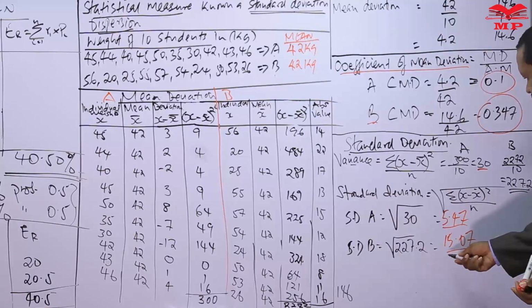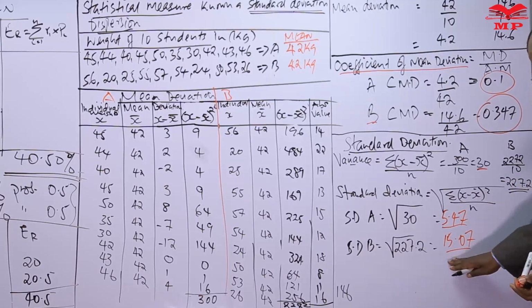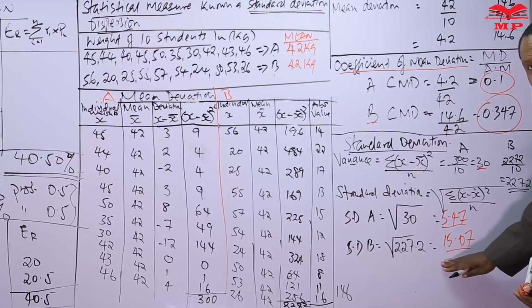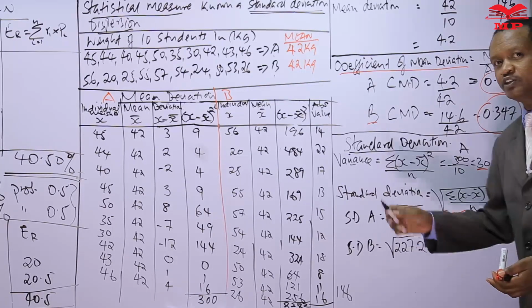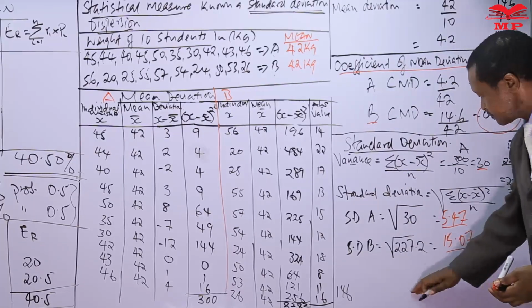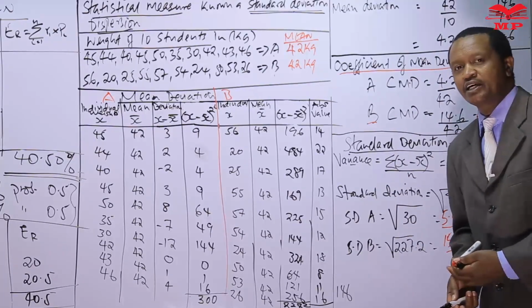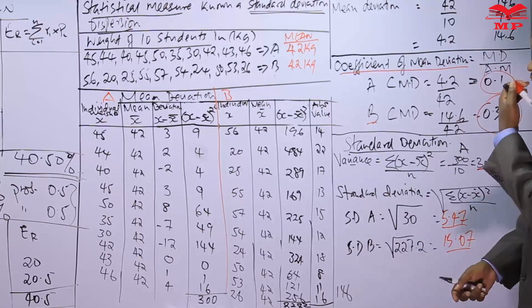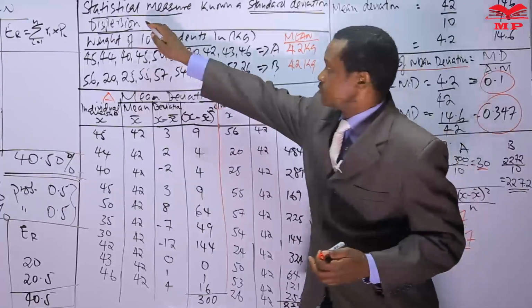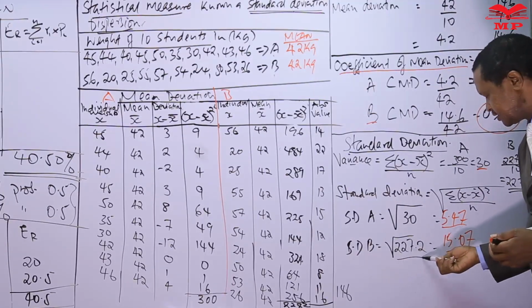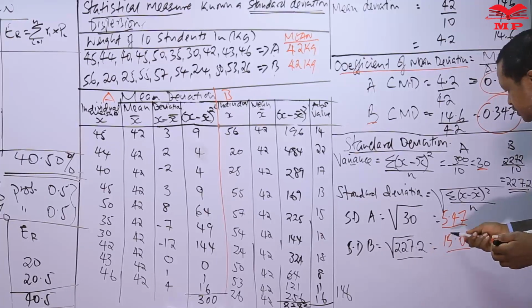Now, a higher standard deviation here, in this case of class B, means that the individual weights of class B are highly dispersed. Remember, we are calculating measures of dispersion. It means that this one is highly dispersed as compared to class A.